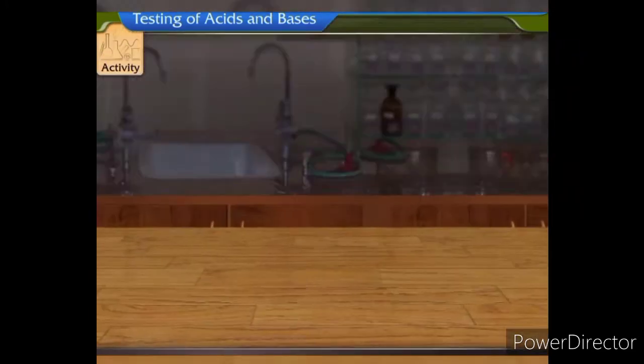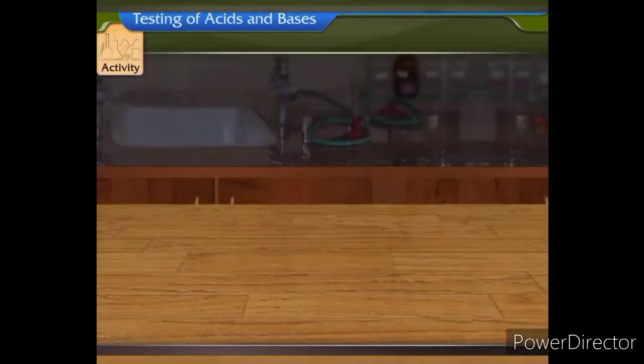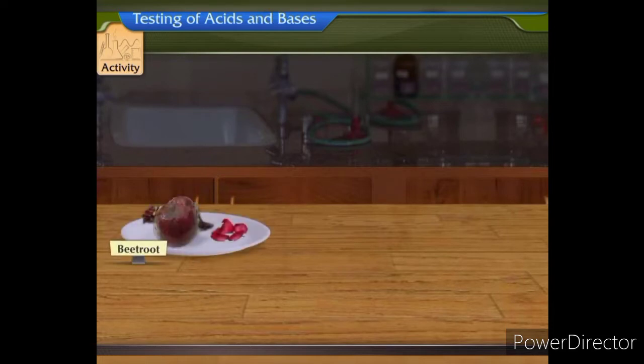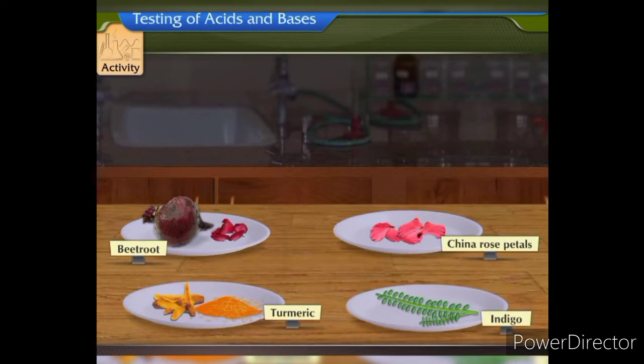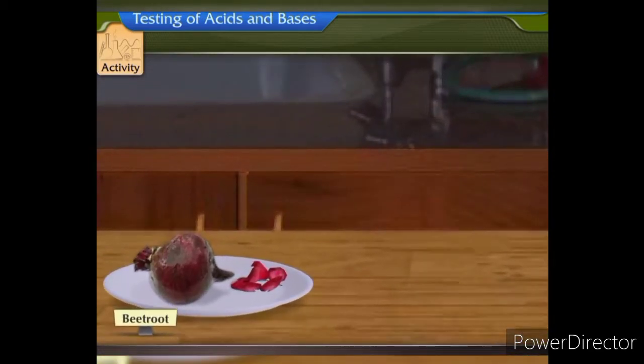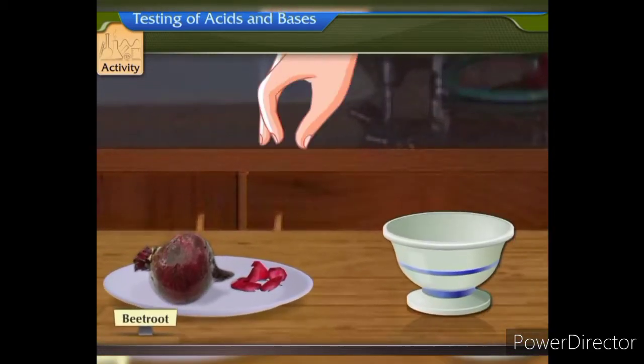Activity: we shall prepare extracts from natural substances like beetroot, China rose petals, turmeric and indigo. These extracts can be used as natural indicators. First, we shall prepare an extract of beetroot. Crush some beetroot in a mortar.